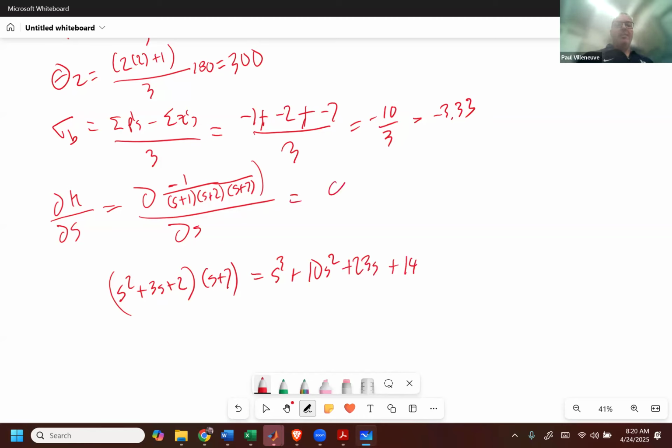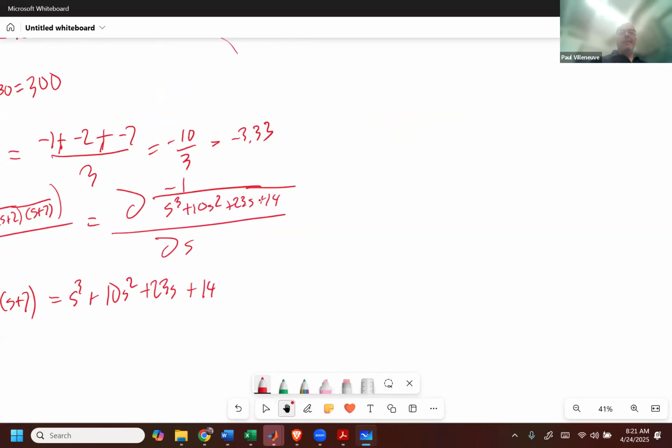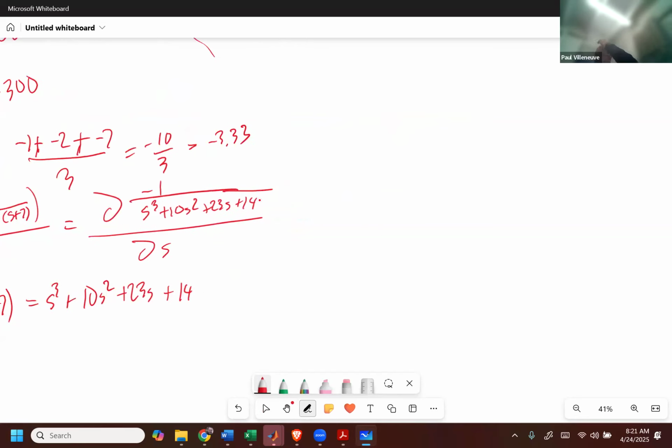So I have to take the partial derivative of this one here. It's actually pretty easy because there are no numerator terms, since the derivative of a constant is 0.